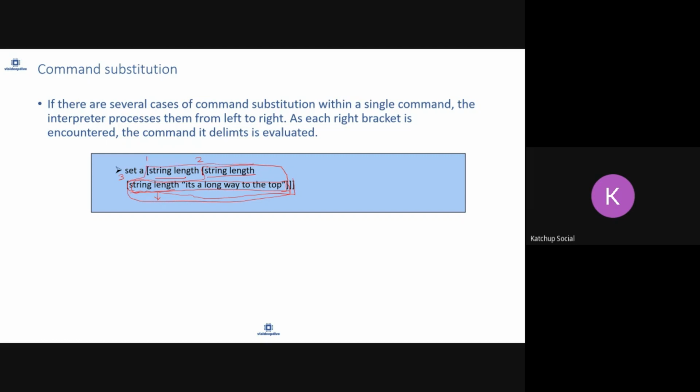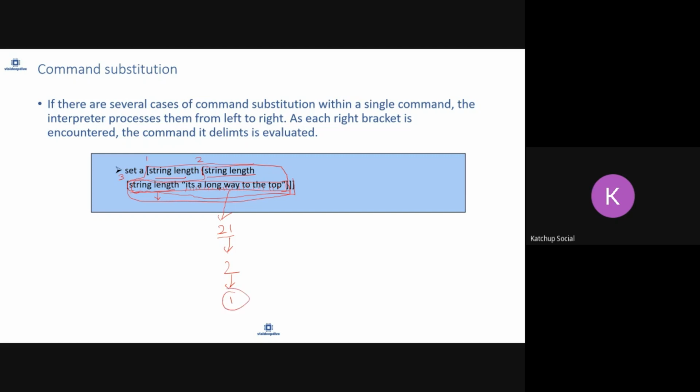So let's say its length is 1, 2, 3, 4, 5, 6, 7, 8, 9, 10, 11, 12, 13, 14, 15, 16, 17, 18, 19, 20, 21. So the length is 21, and you get 21. The next function is still string length, so it says 2 strings, and you get 2. The next is string length, so you get 1. So finally your output is 1.